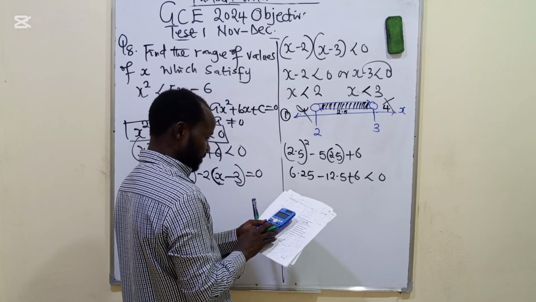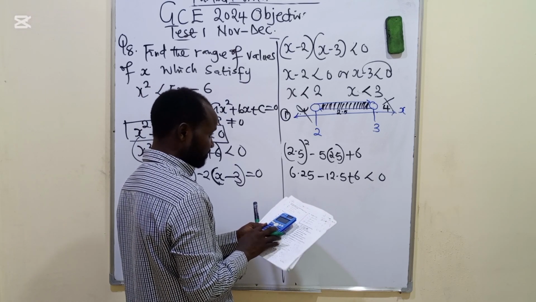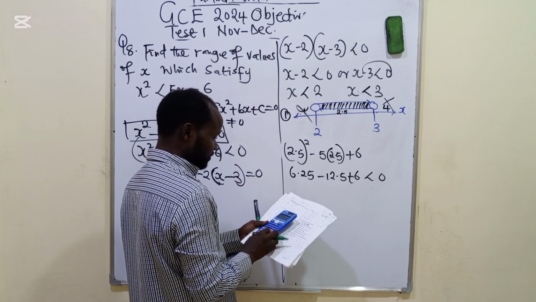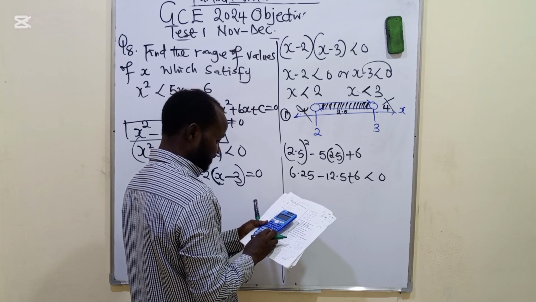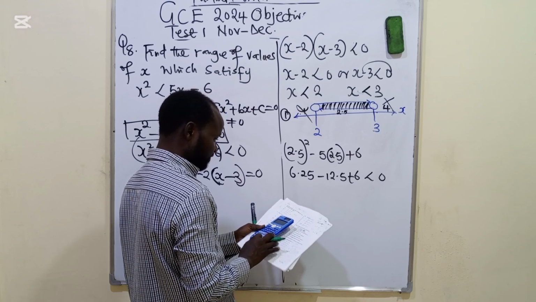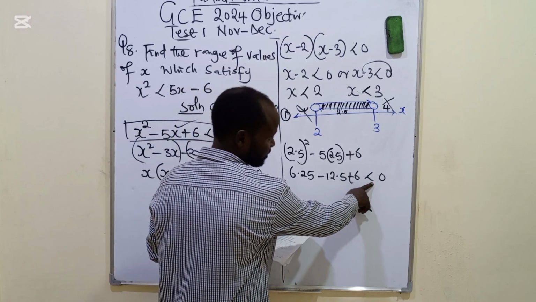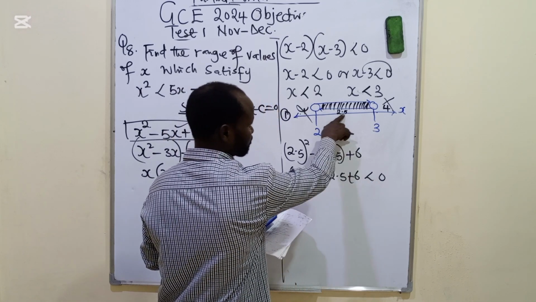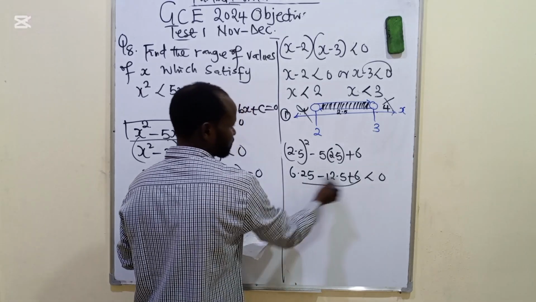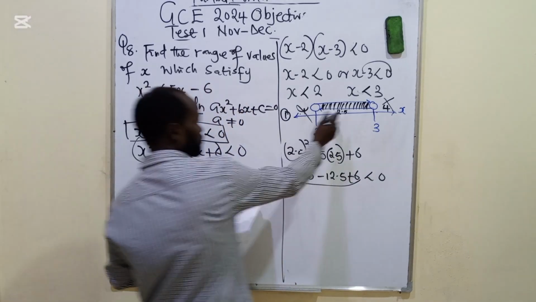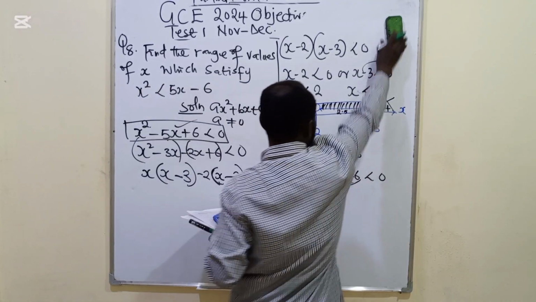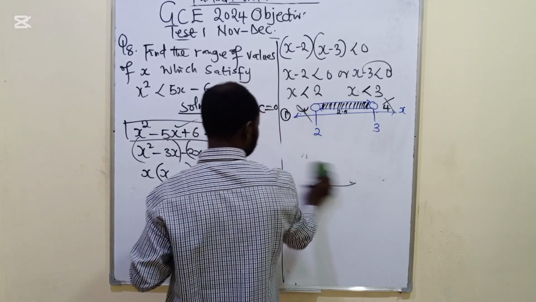Let's add first. 6.25 plus 6 is 12.25 minus 12.5, it will be minus 0.25, which is less than 0, so it will satisfy. Okay, so you realize that any number you pick within this will satisfy the condition.